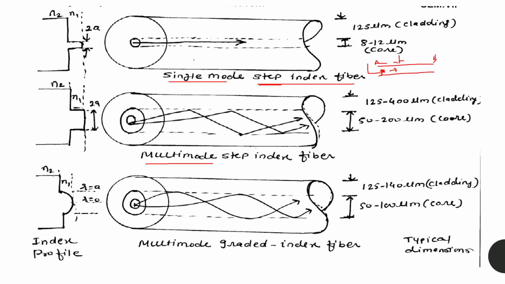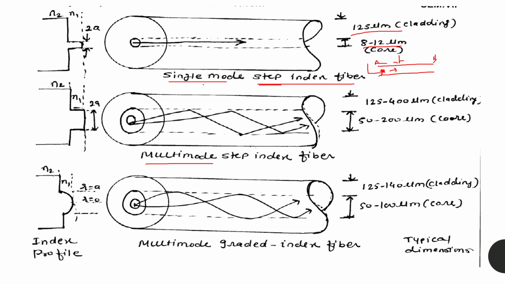It is important to mention that the diameter of the core is 8 to 12 micrometer. This means that it is very small, and it will require high fabrication cost because of the small diameter, and the diameter of the cladding is 125 micrometer.